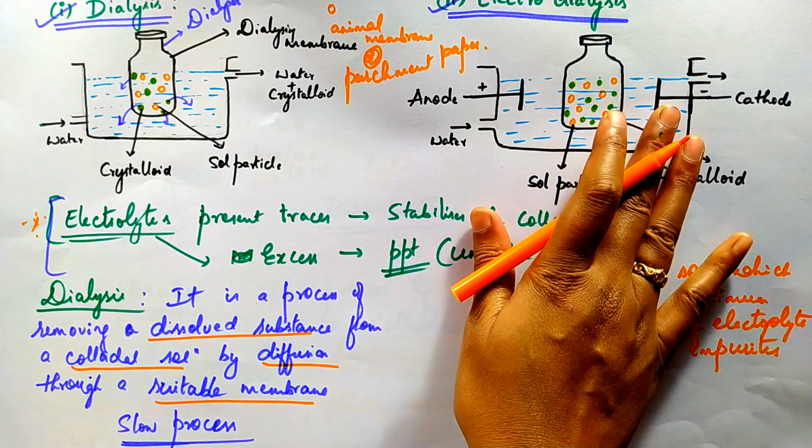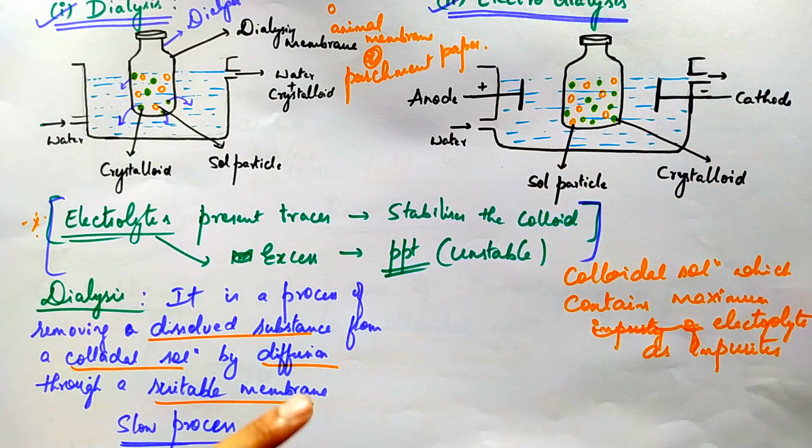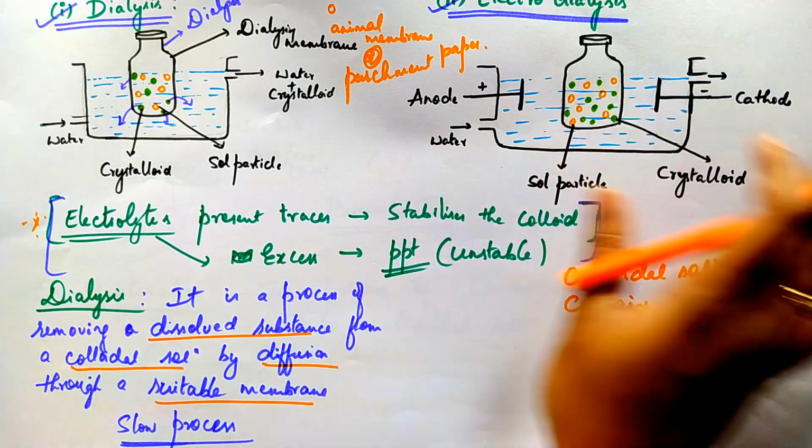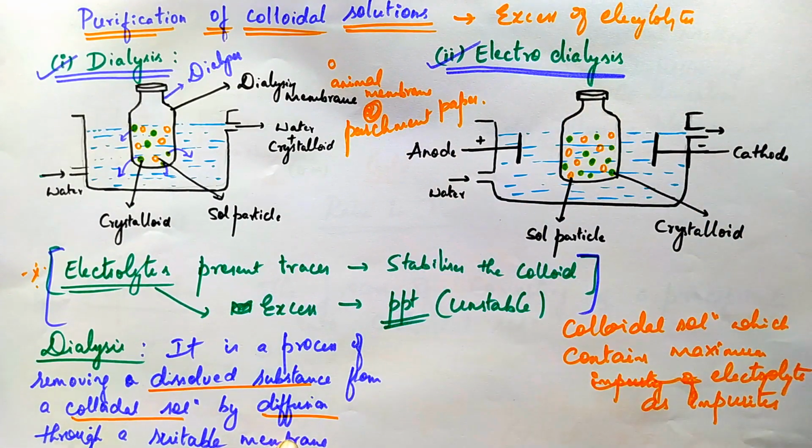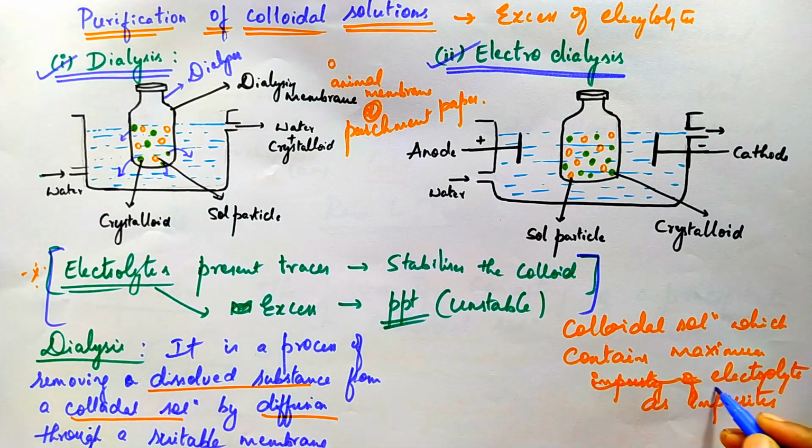If the colloidal solution contains maximum electrolytes, then they can be easily removed by electrodialysis, because electrolytes contain positive and negative charges.